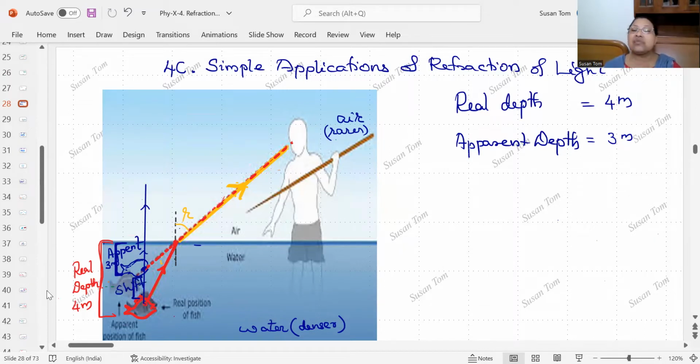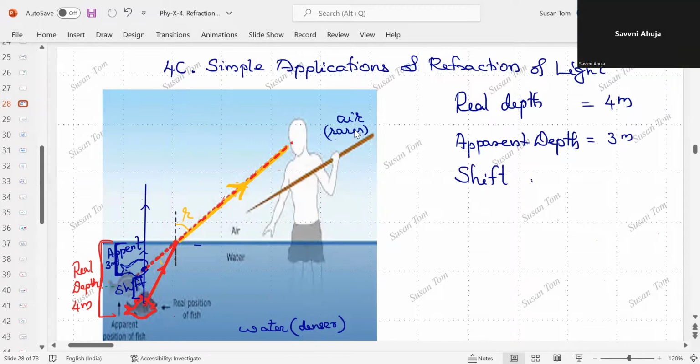So three new terms we are learning. What is the shift and how can it be calculated? How much is it shifted? From 4, it is shifted to 3. From the surface, total 4 meters were there and it has come to 3 meters, meaning 1 meter it is shifted above. Yes or no?